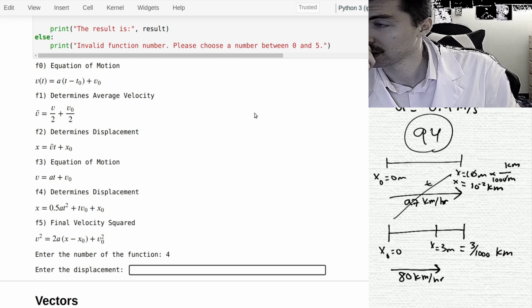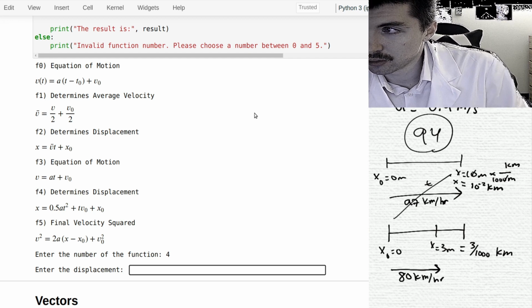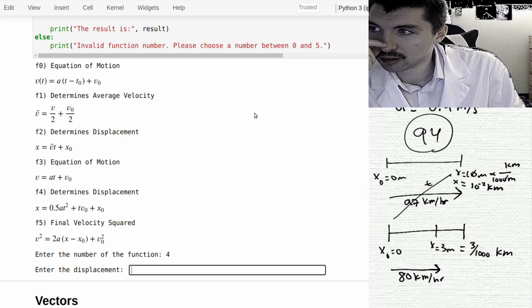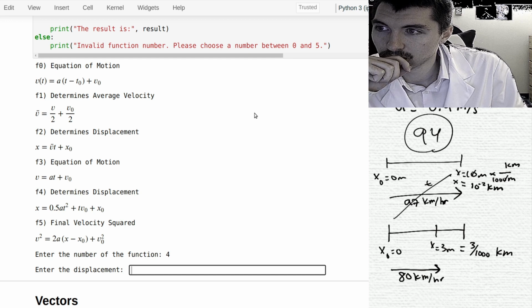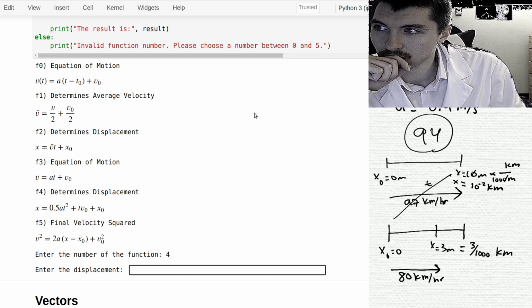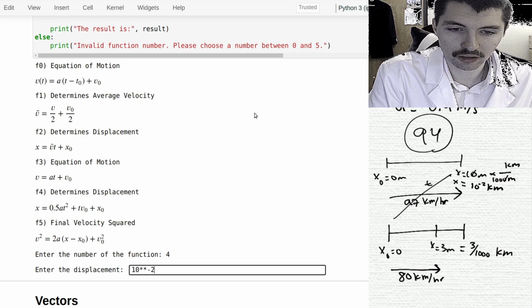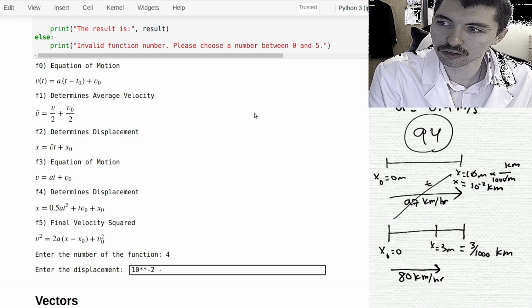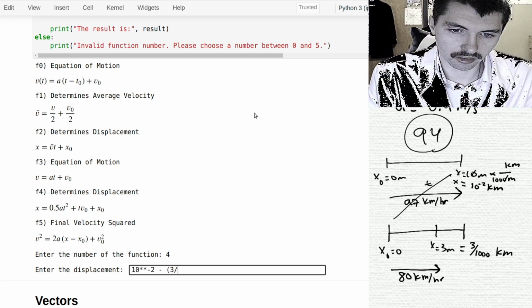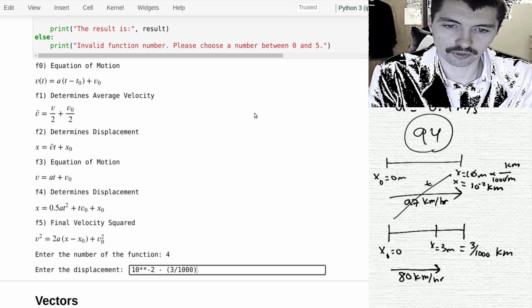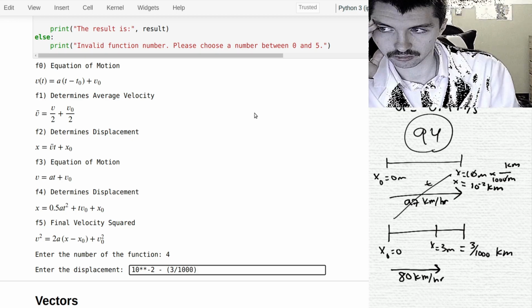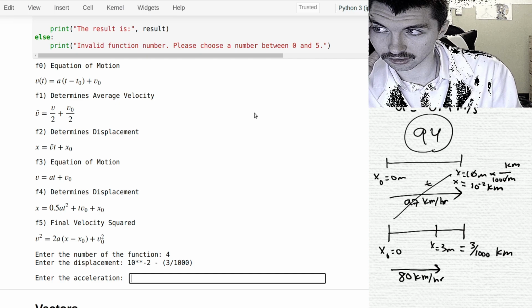Displacement. So guessing it'd be 10 to the -2 minus 3 thousandths. Okay.